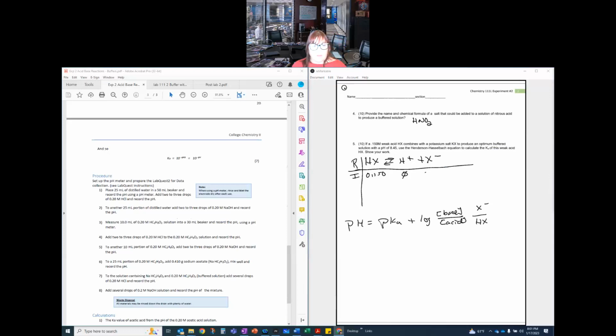Now, if it's an optimum buffer, we know what that relationship between HX and X minus is, because we defined an optimum buffer earlier and we said what that meant. So if I know what that means, that should tell me what this log value is going to be. All right. And if I know what that log value is going to be, then my pH should equal the pKa, because that log should be 0.